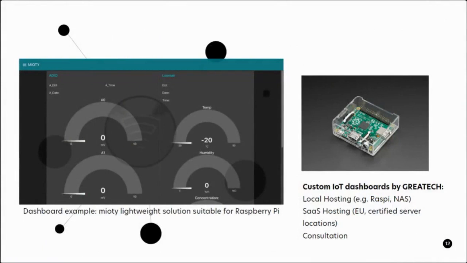It's a very basic dashboard, but the advantage is that you can even host it on very small devices like Raspberry Pi and other tiny computers. All the dashboards that we host are hosted in the European Union or at the customer side. And of course, we also offer consultation in such cases when there is a request. Next slide, please.